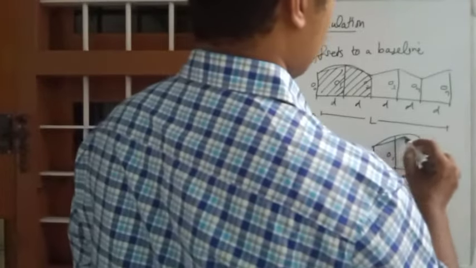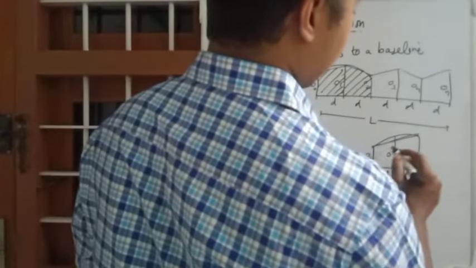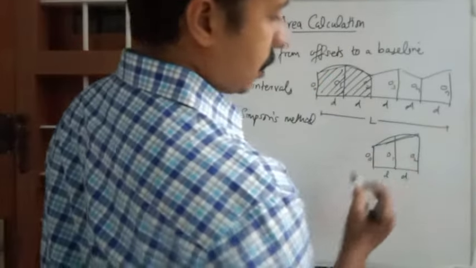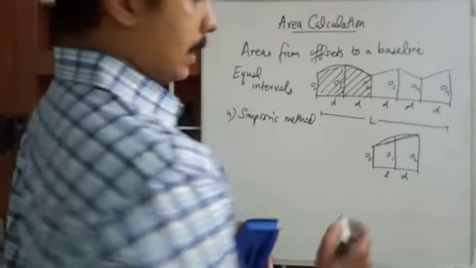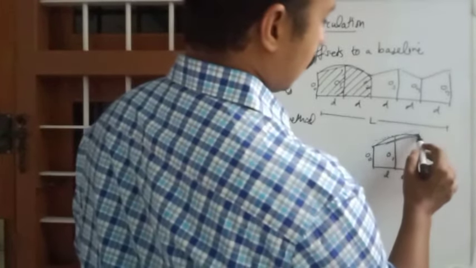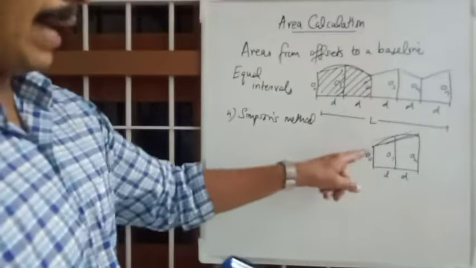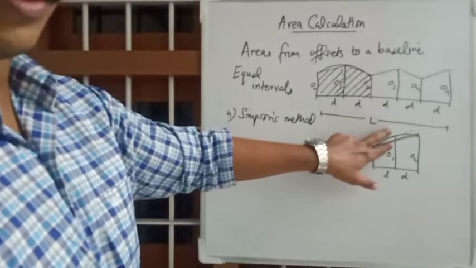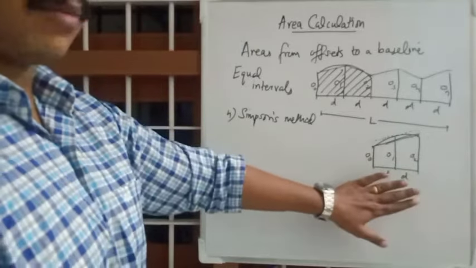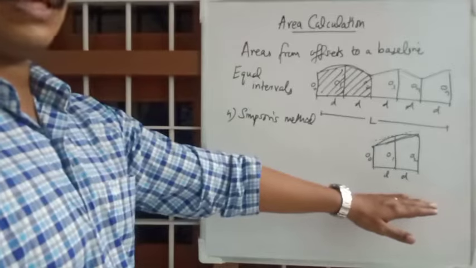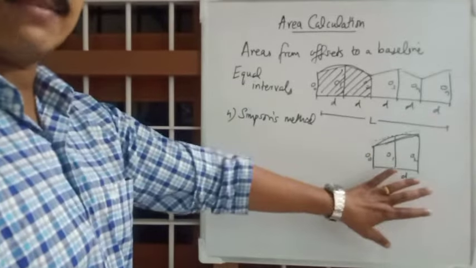To solve this, I will connect this with a straight line and consider this portion as a trapezoid, and the remaining portion will be taken as a parallelogram, and 2/3 of this parallelogram. Okay, I am going a little bit fast because you may not be asked to derive this equation.